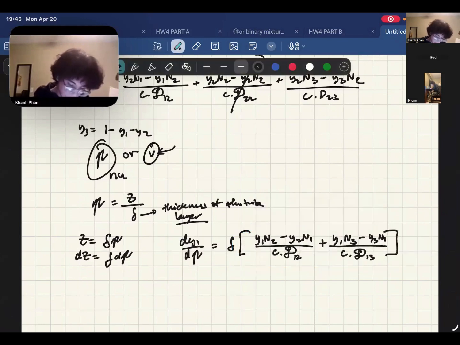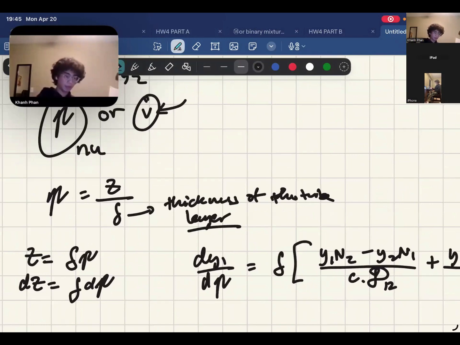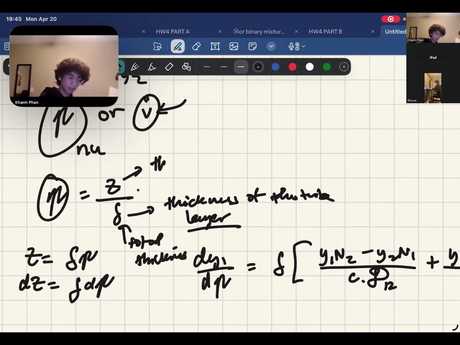And so essentially, z is a distance and theta is the total thickness. They're both in meters, so this variable is dimensionless.